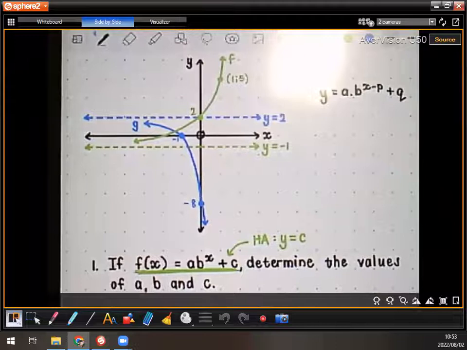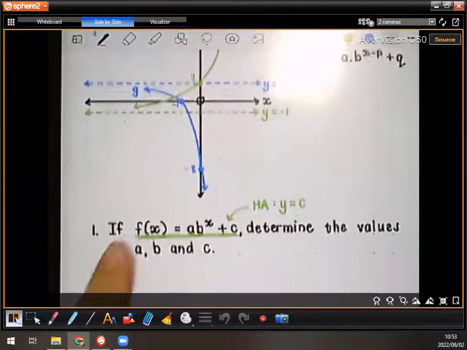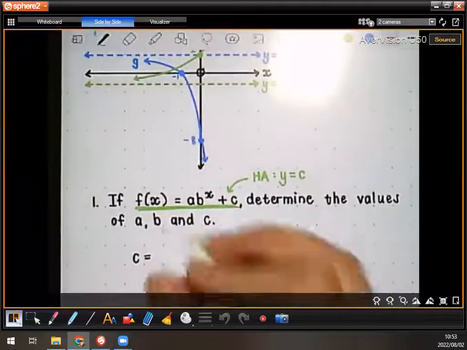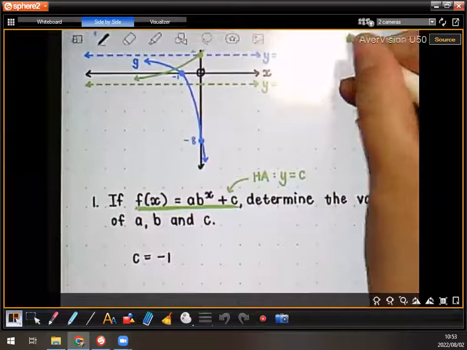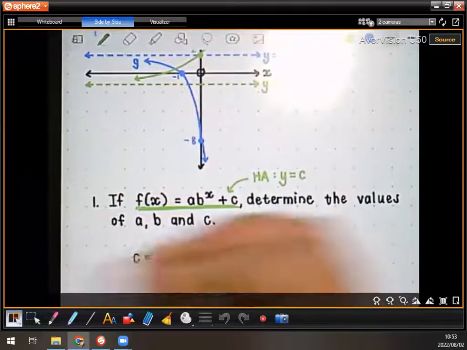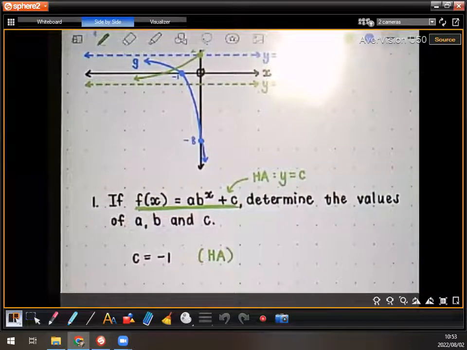Okay, so can we look at the graph? What is the green asymptote value here? -1. So that means that for this question, c is going to be equal to -1. If you want to, you can put there in brackets the horizontal asymptote. That's how we know that. Now guys, the question is also worded differently from what we did yesterday.